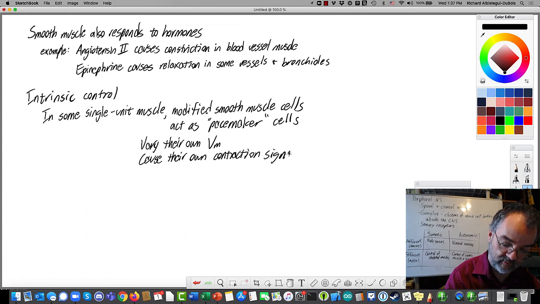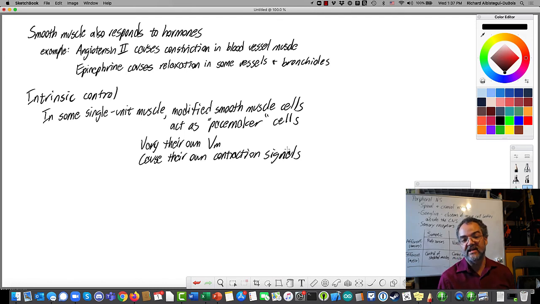So for example, in the digestive tract, in the intestines, you'll have rings of smooth muscle around the intestine, which will have their own pacemaker cells. In this case, they're called interstitial cells of Cajal. And those cells will periodically raise their membrane potential to cause contraction and then lower it.